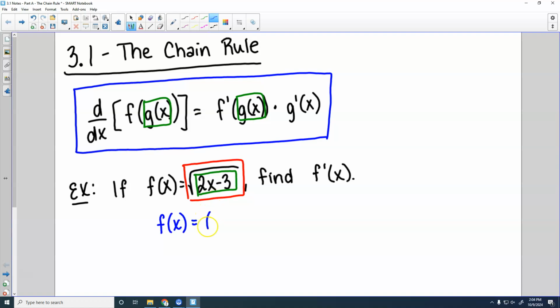So I think it is a good idea to write 2x minus 3 raised to the 1/2 power. Make sure you have parentheses around that 2x minus 3. They are necessary. If they're not there, then what you've written is incorrect. Again, our inside part is the 2x minus 3. The outside part is the to the 1/2 power, or that's the same as our square root.